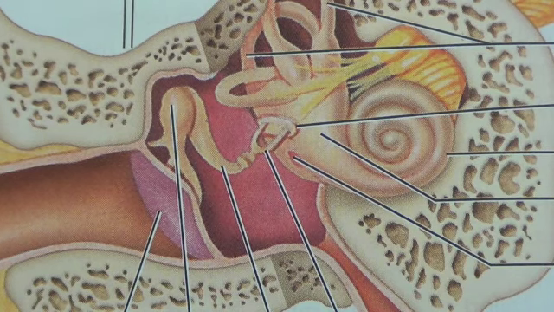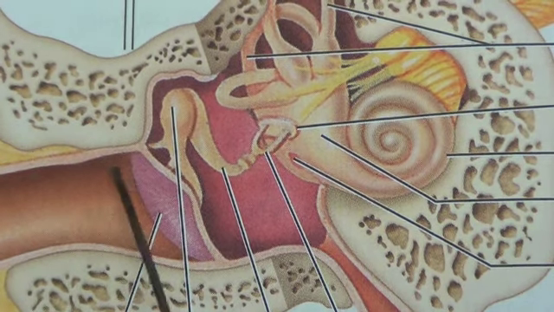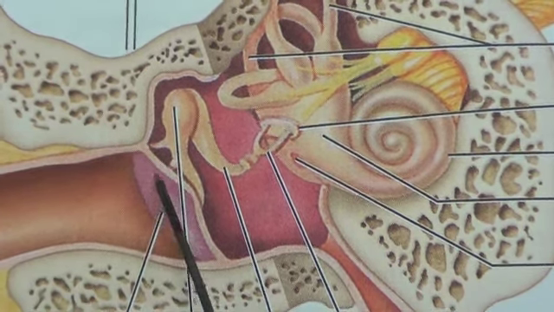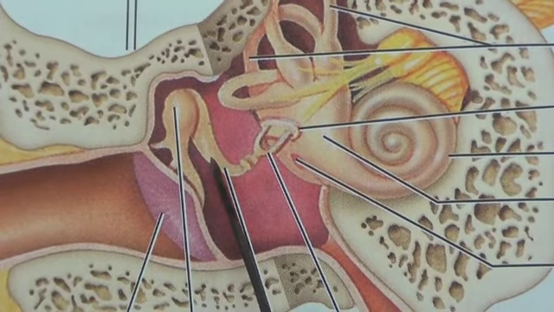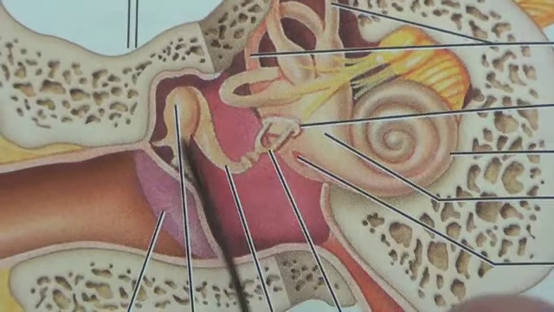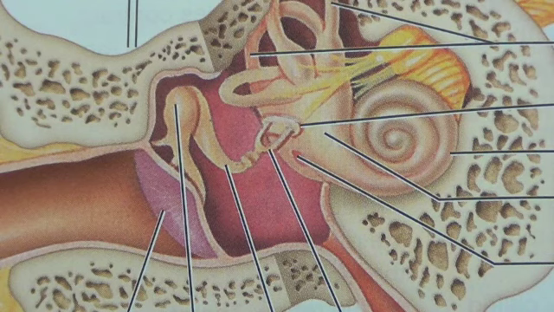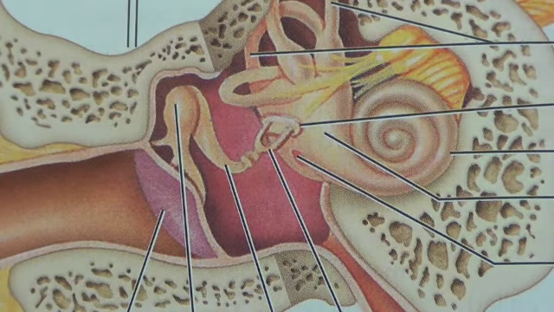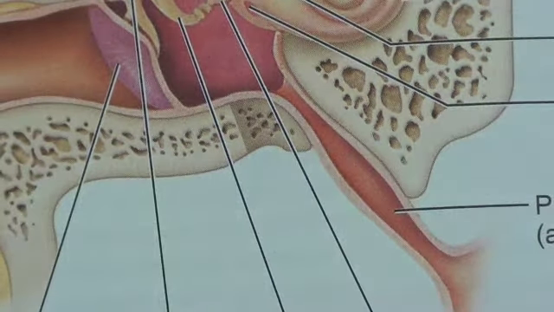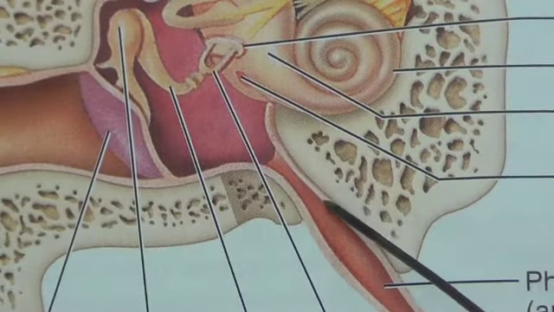Now what happens is that when vibrations come into the ear, they vibrate the tympanic membrane, which vibrates the malleus, the incus, and the stapes. So essentially what we're trying to do is continue the vibration inward, which we'll get to in just a moment. There is also the auditory, the eustachian tube that comes out of the middle of the ear right here.